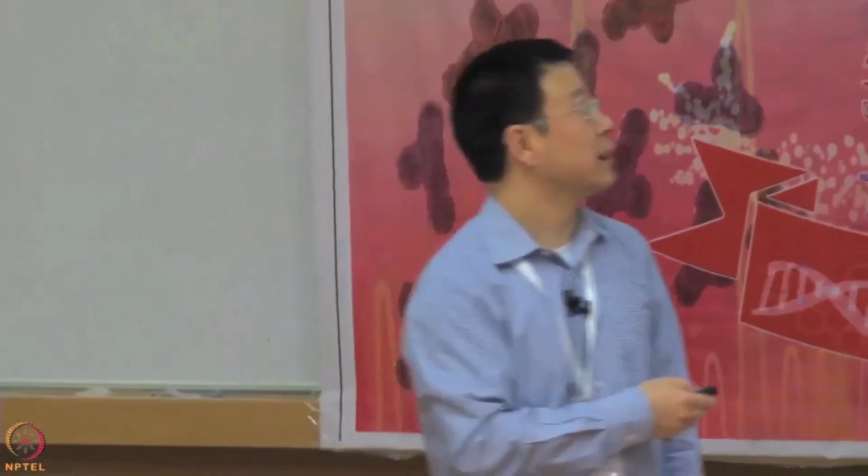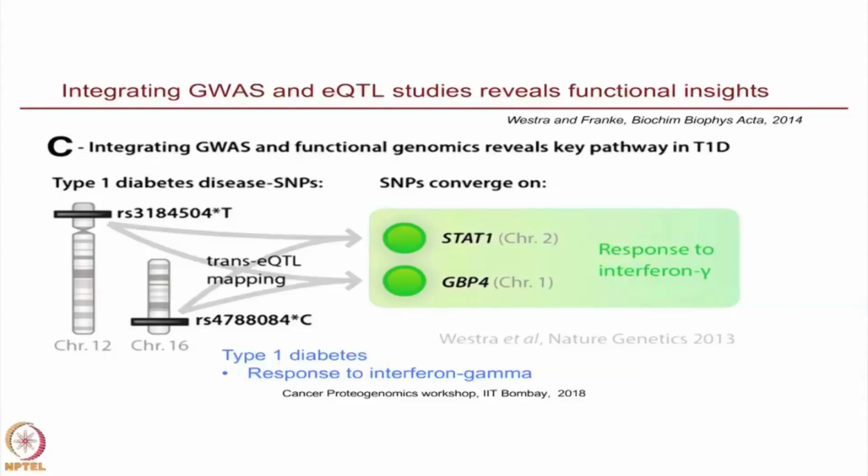And similarly, through the traditional GWAS analysis, there are multiple SNPs that have been associated with type 1 diabetes. But again, we don't know how these SNPs execute their effect.